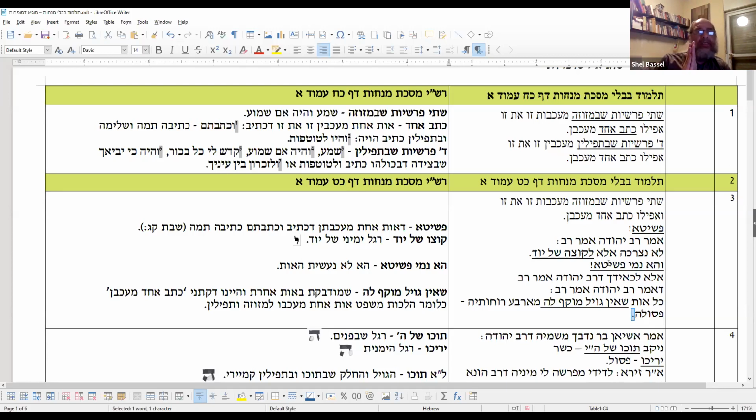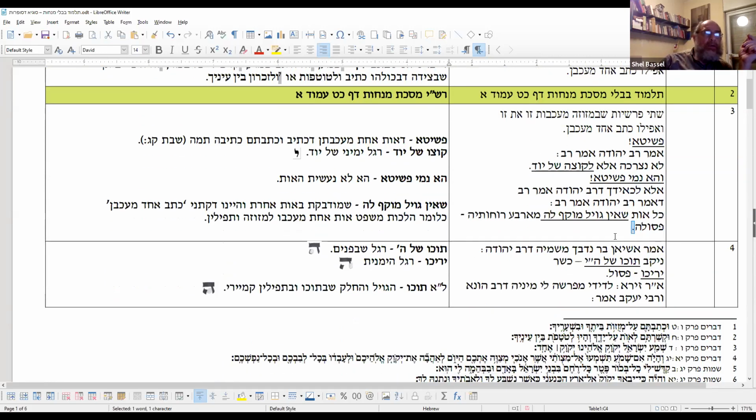So that's the basic din of hakafat gvil, that the letter has to be completely surrounded by gvil or klaf, and it cannot be touching any other letter. So let's go on to the next part of the sugya.